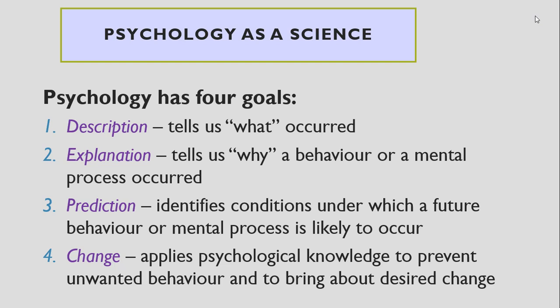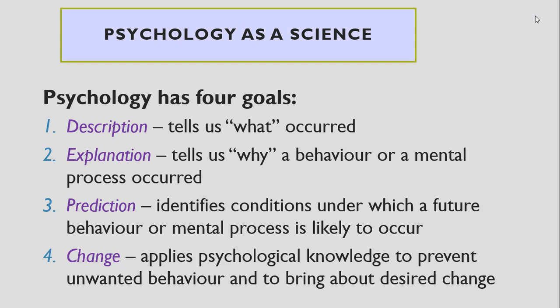Now, psychology has four aims or four goals. It's to describe what happens, to explain why something might happen, to predict future behavior, and then potentially to change behavior.